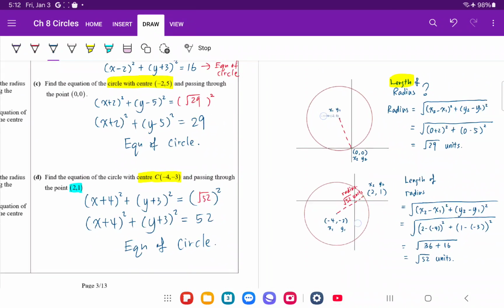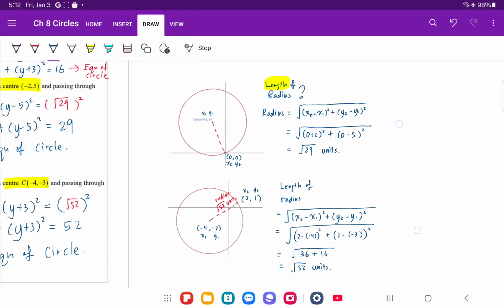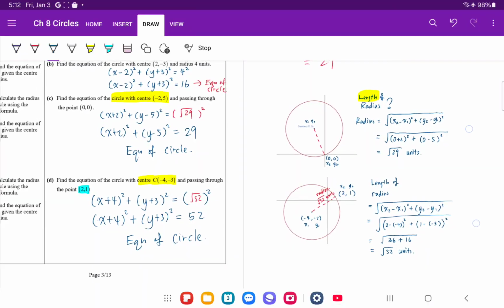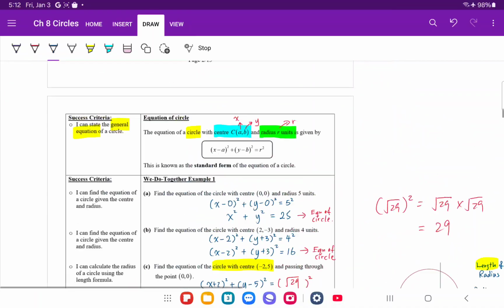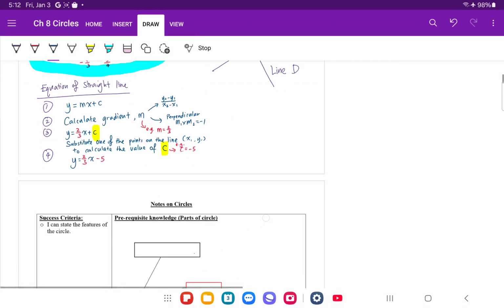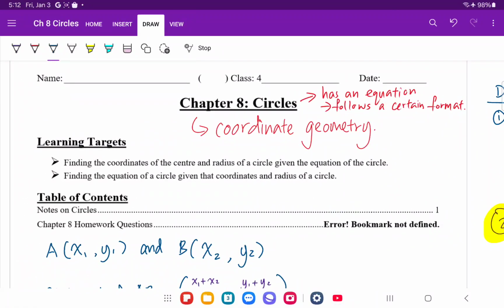So for the radius, we actually have to use the length formula to calculate it before we finally substitute to complete the equation of the circle. Now with that, we have completed learning target number 2. We have found the equation of a circle given the coordinates and center of the circle.